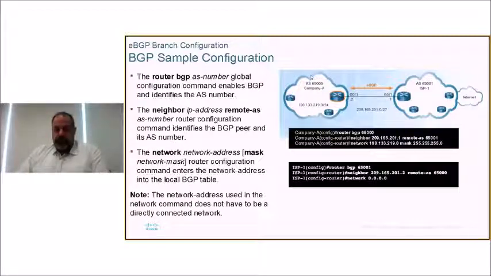So from company A, we actually talk to that address there. And of course, company, or ISP1, would talk to your internal address here, that's that router. And then, of course, you need to have a network that you advertise. And so apparently that's the network we're advertising. Of course, this one is advertising all the zeros.